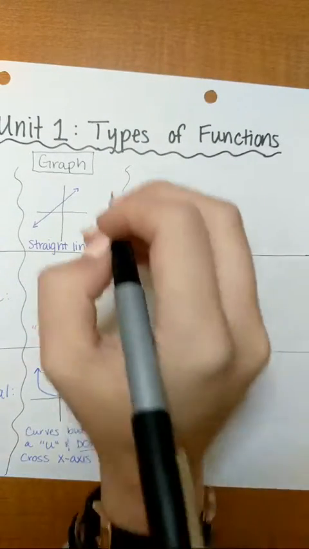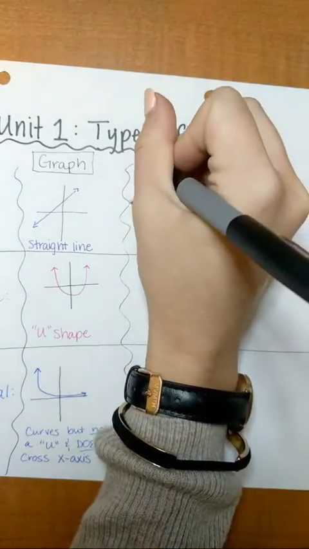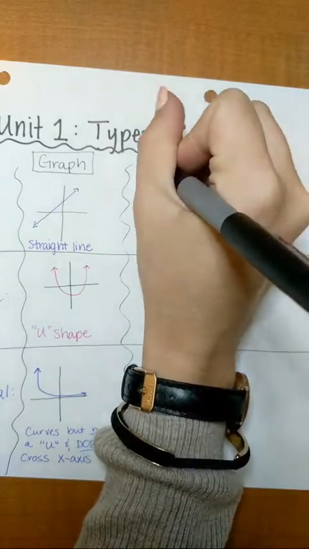So the next one is a table. The next way to be able to tell if it's linear, quadratic, or exponential is by a table.